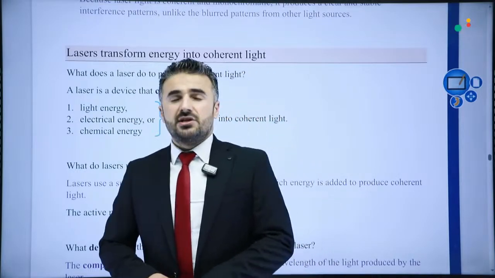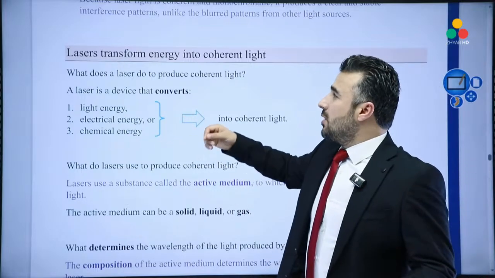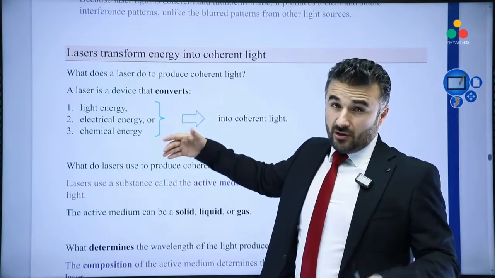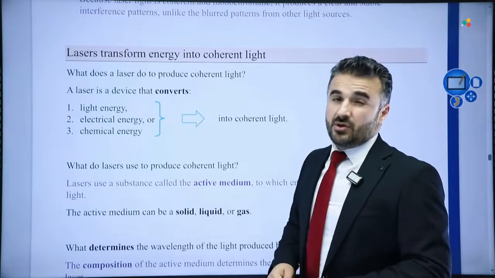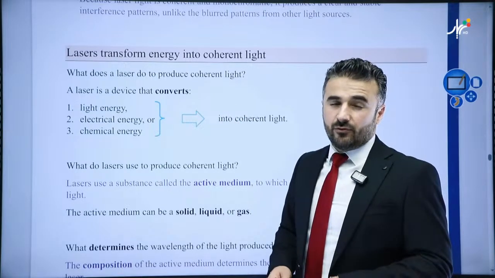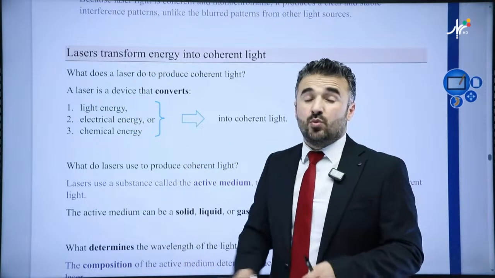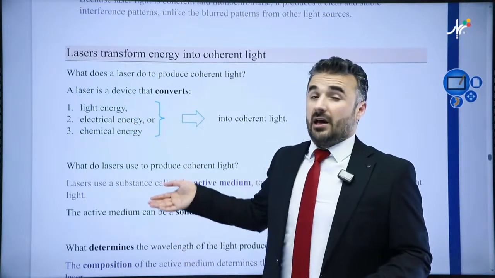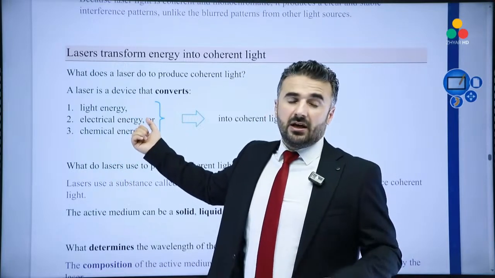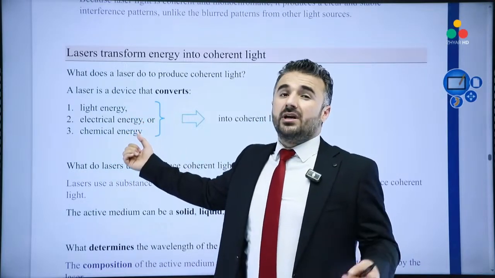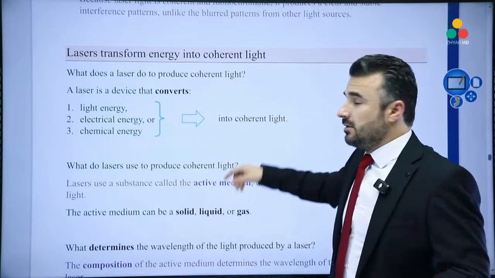We can say a laser is basically a device that converts energy. So what does a laser do to produce coherent light? It can transfer light energy, chemical energy, or electrical energy into coherent light.